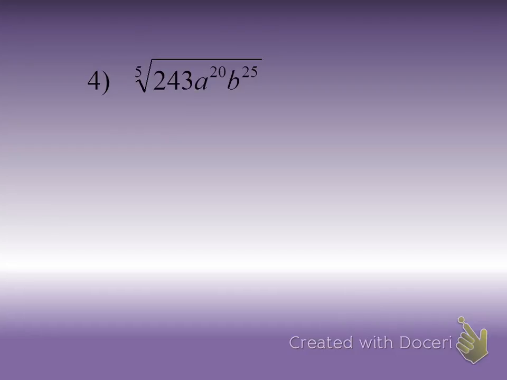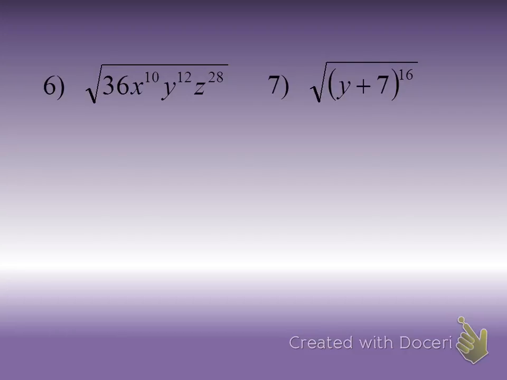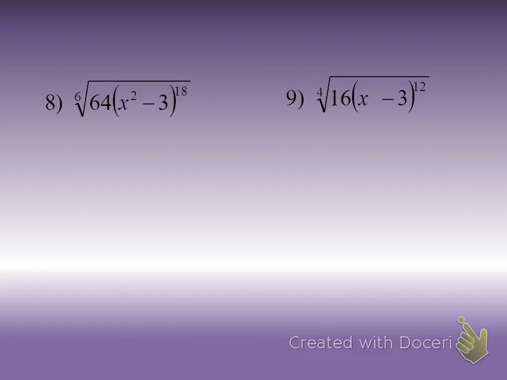A number and two variables. All multiplied together, you took them separately. Here, you have a number and a binomial being multiplied together. You still take them separately, though. Okay? Do the 6th root of 64. Do the 6th root of x squared minus 3 to the 18th power.